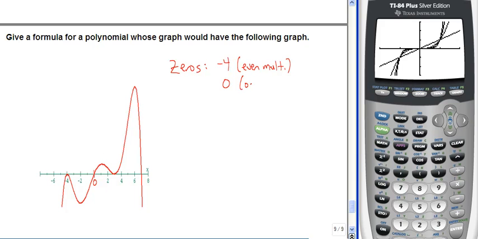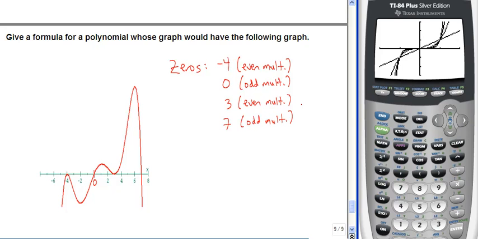So this has to be an odd multiplicity. Then we continue along, and we bounce off right at 3. So since it's a bounce, we would have to have even multiplicity. And then I go up, and I come back down and I hit at 7, and I pass through at 7, so this is going to have odd multiplicity.